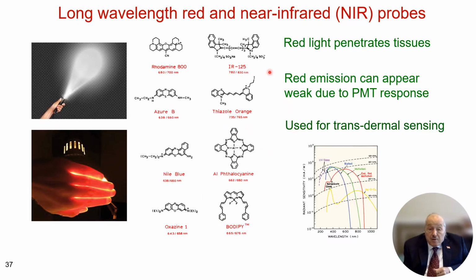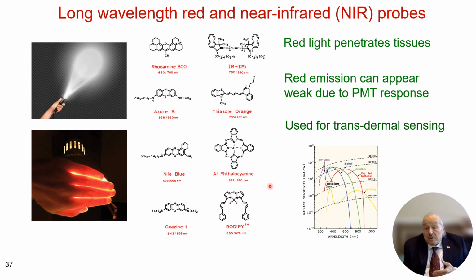Long wavelength probes. These are of great interest, especially for small animal experiments now, because let's just see what they look like first. If you put a flashlight behind your hand, you see the red light coming through it. And that suggests that if you can have a red fluorescent molecule, you might be able to observe it through the skin.